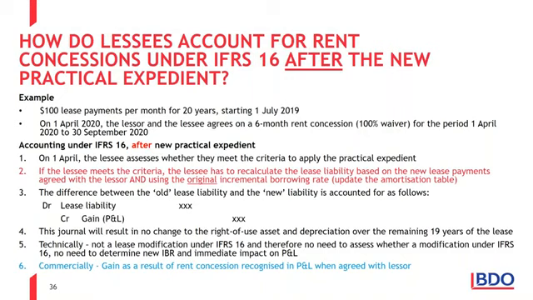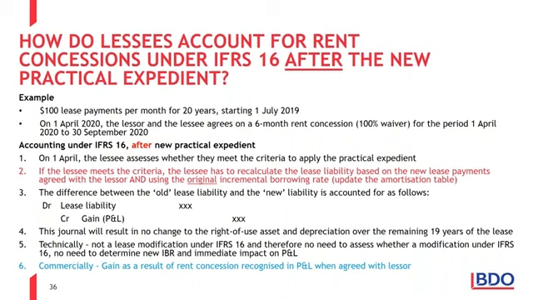So technically, if we stand back, we would say, okay, I don't have to do the complicated assessment. I don't have to update my incremental borrowing rate. And the third thing, I get the hit to my P&L immediately. It relates to the whole 6 months of cash saving, and the hit goes into P&L immediately.